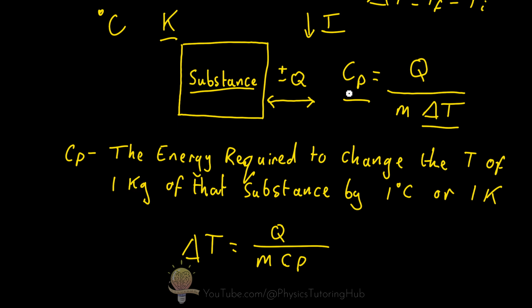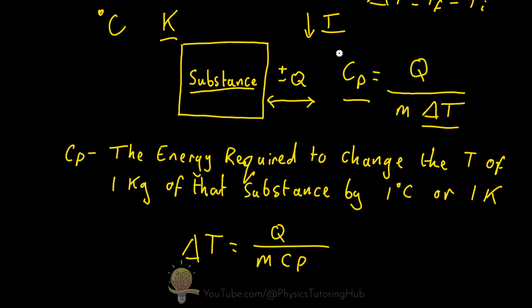Every substance has its own unique heat capacity, even down to the state of the substance. What I mean by this is we could have a substance in a liquid state, a solid state or a gaseous state.